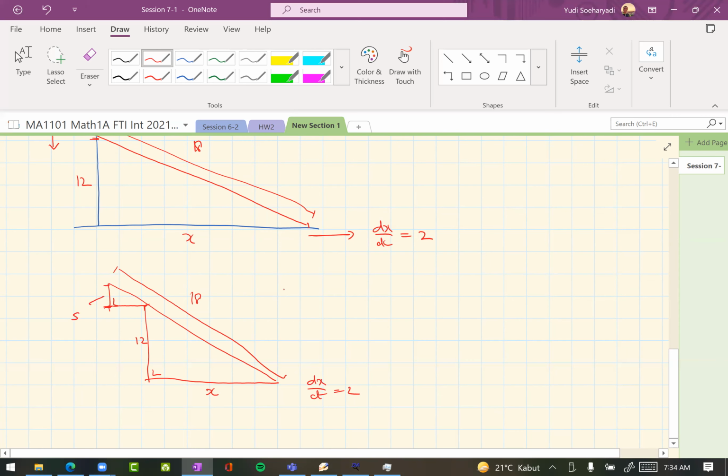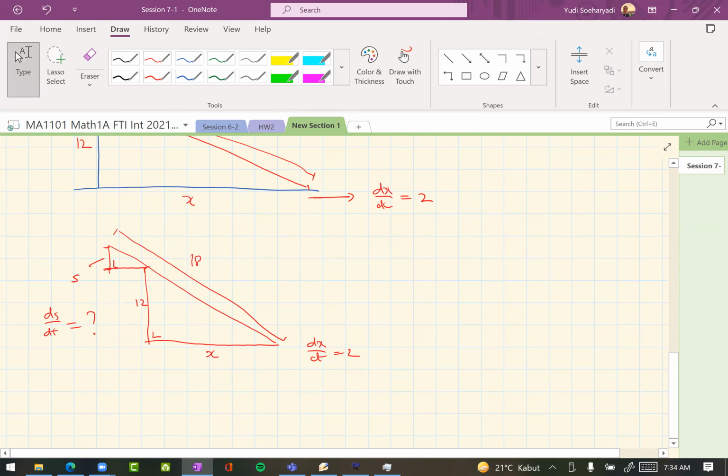What is ds/dt equal to when alpha is 60 degrees? All right.